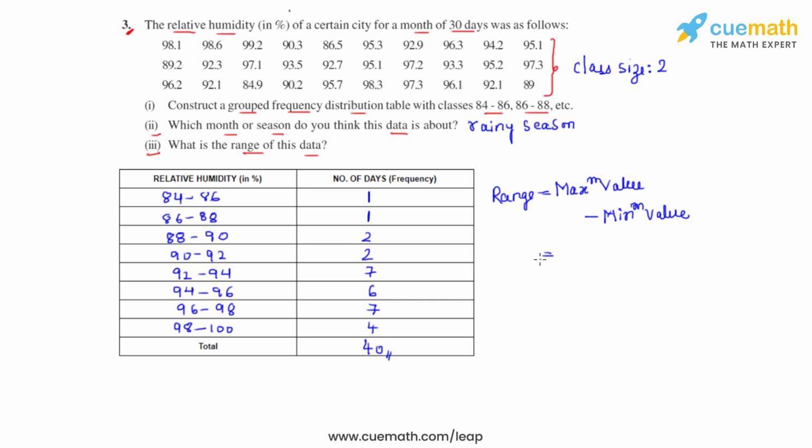The maximum relative humidity in the given data is 99.2 and the minimum is 84.9. So we subtract 84.9 from 99.2 and we get the range as 14.3. So this is the range of the given data.